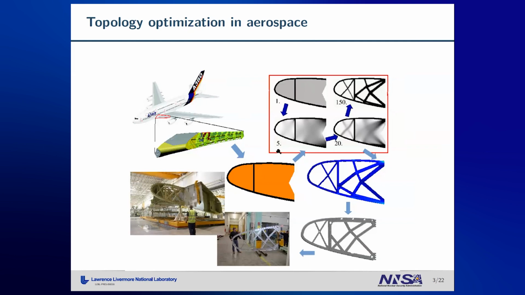So topology optimization aims to distribute material in a design domain, which is given in orange here on the slide, in an optimal way by minimizing an objective function and fulfilling a set of constraints.